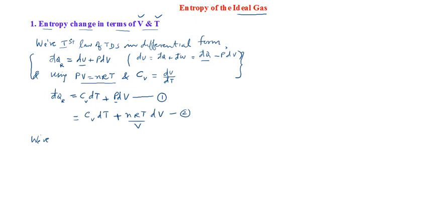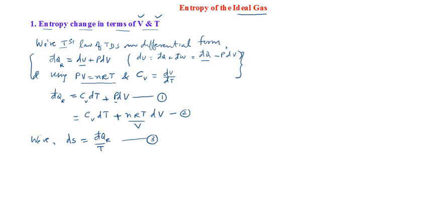We have dS is equal to d bar qr upon T, is it not? So let me say that this is my third equation.